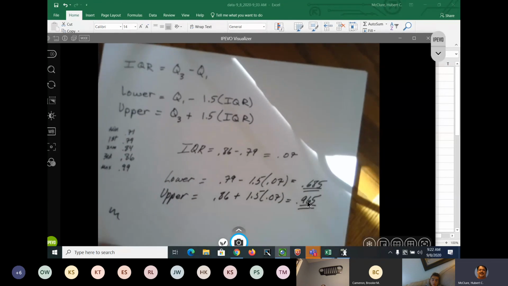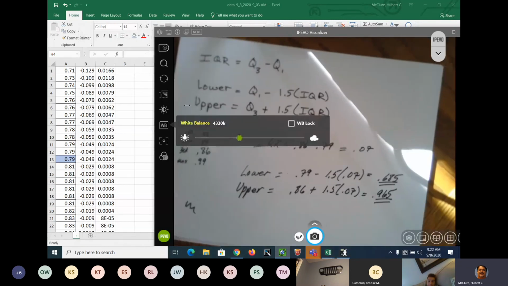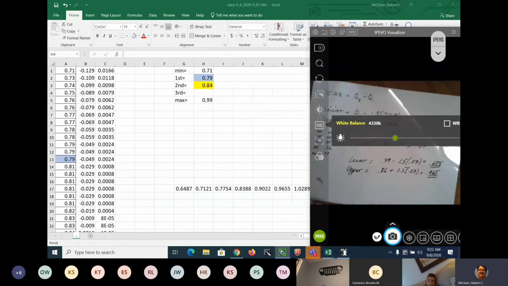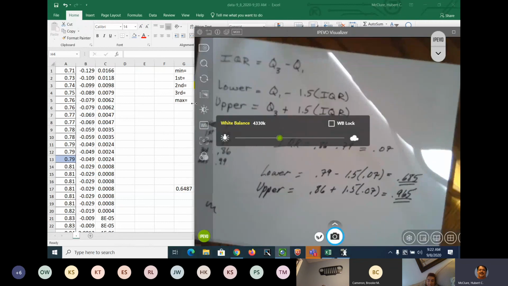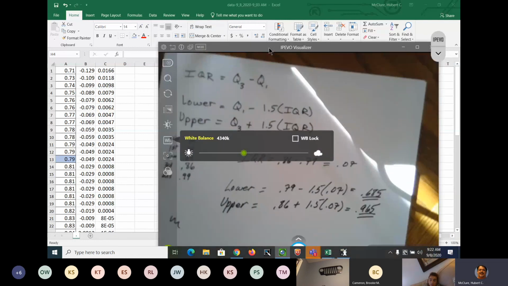Now let's look at the empirical rule. Let me make this a little bit smaller. Our empirical rule said 0.65 and they got 0.685. Okay, our upper bound on an empirical rule is 1.02 and this is 0.965.